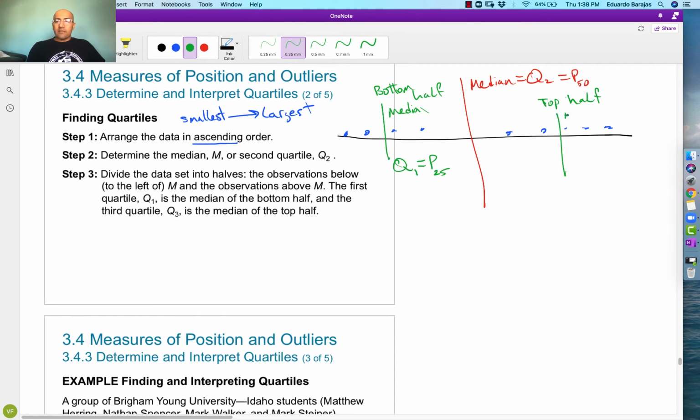This is the median of the top half, which separates the top half into the lower 50% and the top 50% of those scores. That is going to be equal to Q sub 3, also known as P sub 75. So this will be our strategy for finding Q1, Q2, and Q3 if we have to do it by hand. Otherwise, we'll see how we do it with our technology.